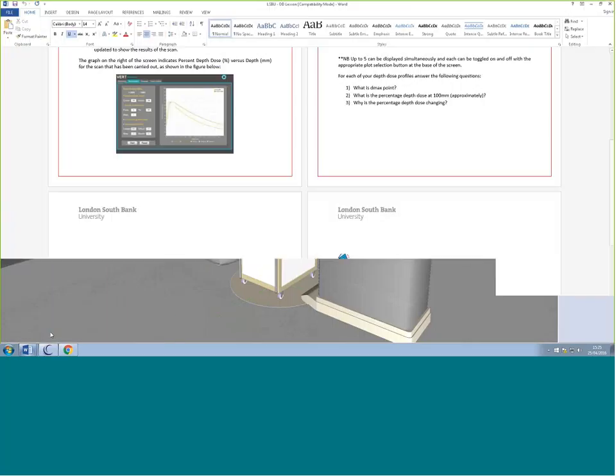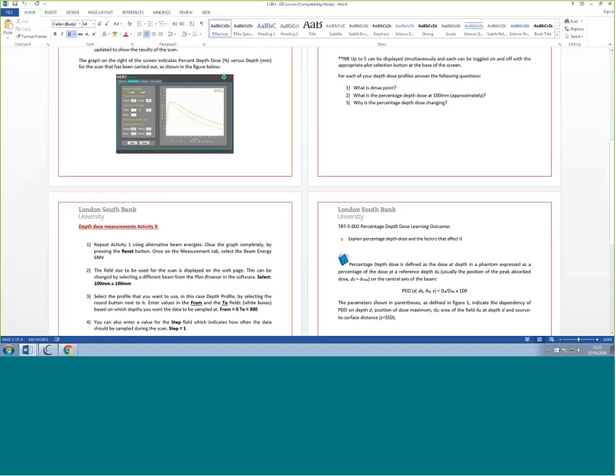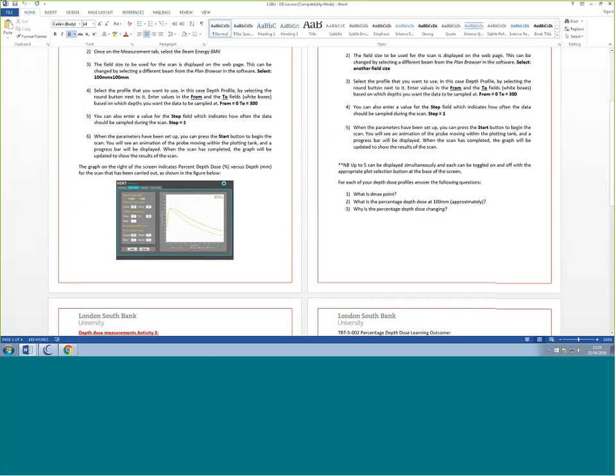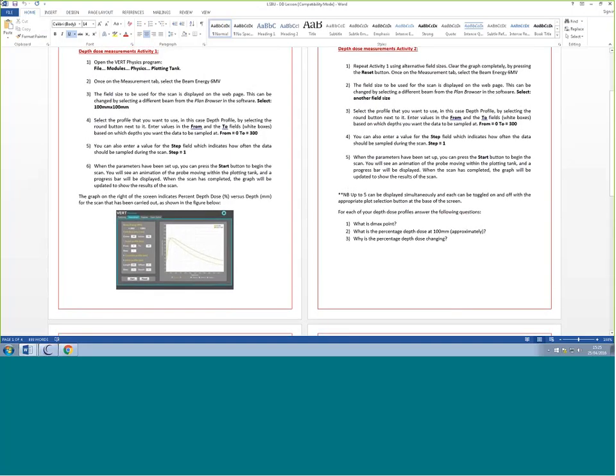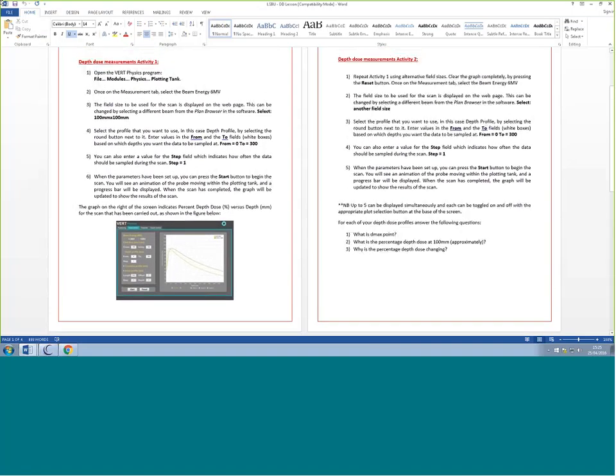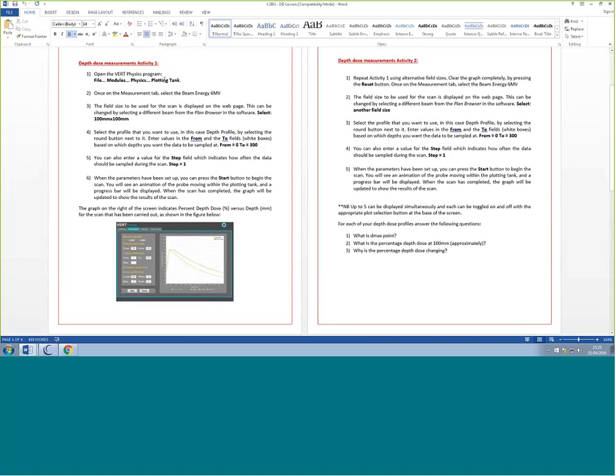So when we're looking at percentage depth dose, once again, we're getting the students to calculate these for themselves. They have quite specific step-by-step instructions for comparing and contrasting all the different options.